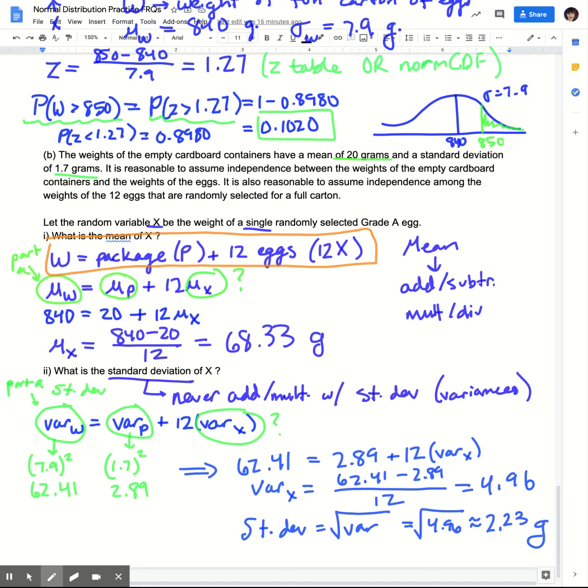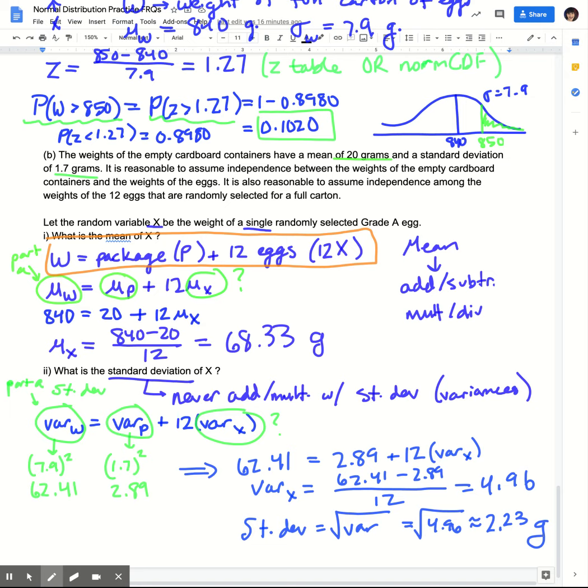Another key thing to remember is that you can't figure out the standard deviation part the same way that you did the mean part.